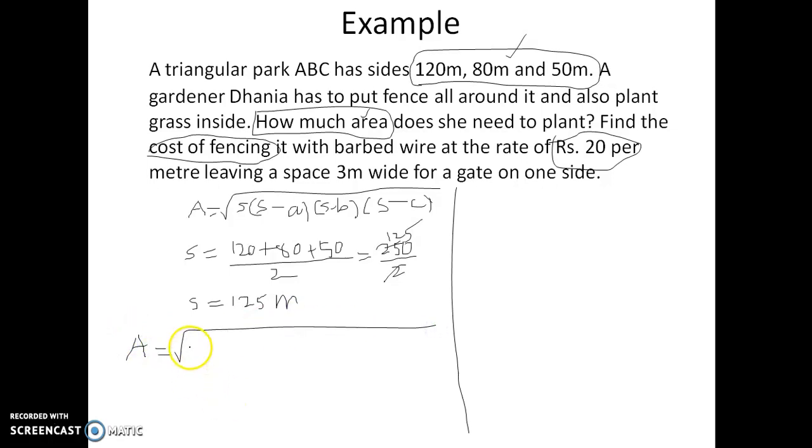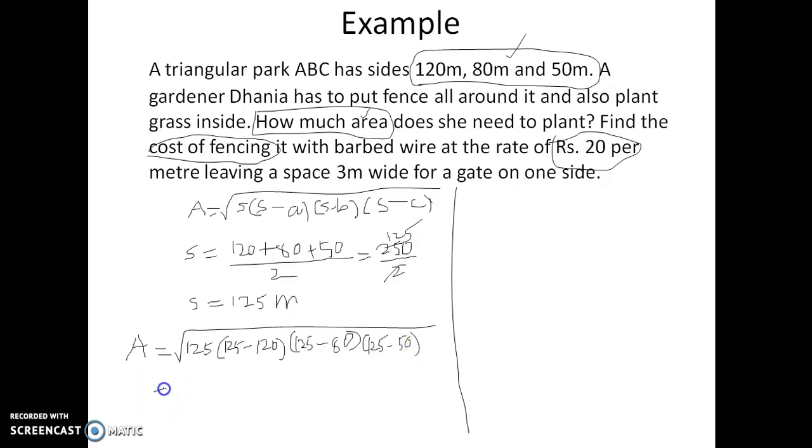Next we are going to substitute in the formula, that is A equal to square root of S value 125, into 125 minus A, that is minus 120, into 125 minus B, so B is 80, and into 125 minus 50, so C is 50.